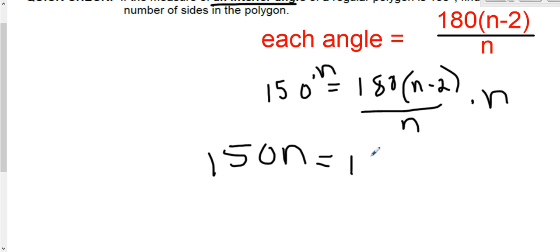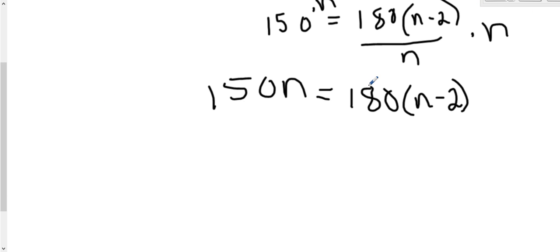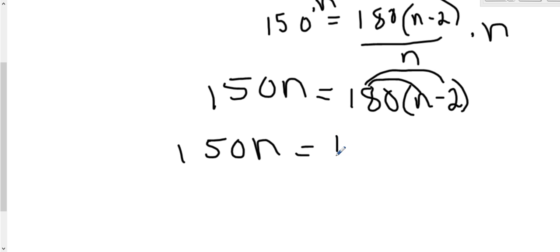Equals 180 times n minus 2. Again, just like before, our next step is the same. We're going to use the distributive property now to multiply this out, and that always comes out the same. So we have 150n equals 180 times n, 180n, minus what? 180 times minus 2 is still 360.